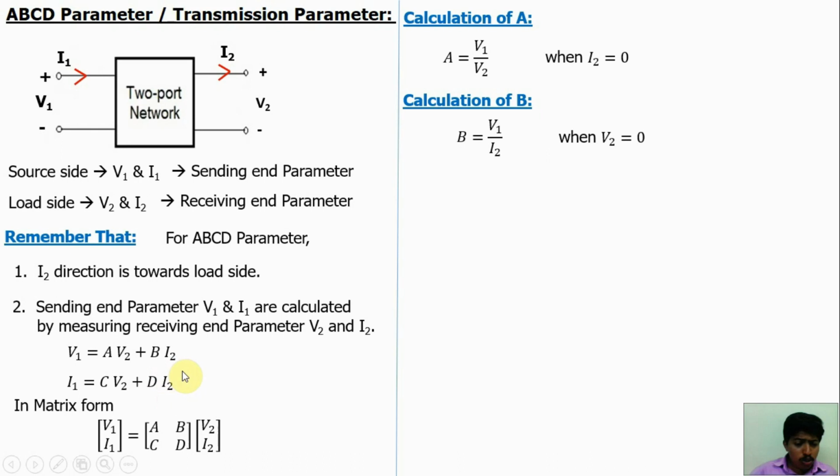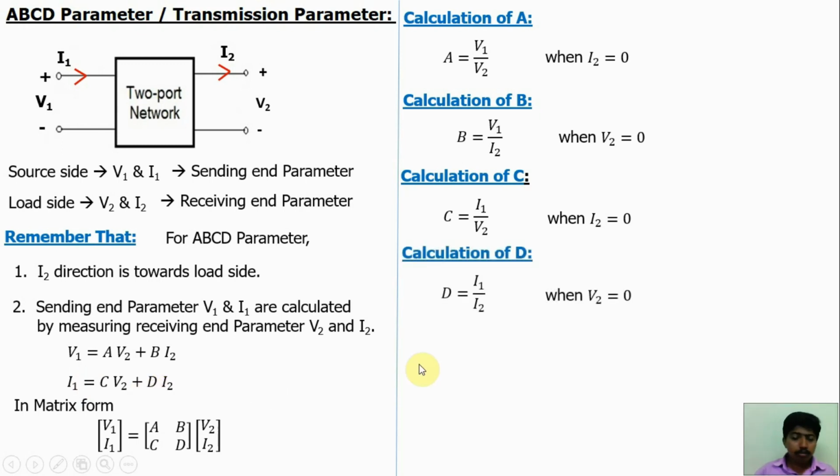If I2 is equal to 0, I1 by V2 is equal to C. Now calculation of D: if V2 is equal to 0, I1 by I2 is equal to D. This is the basics of ABCD parameters or transmission parameters.